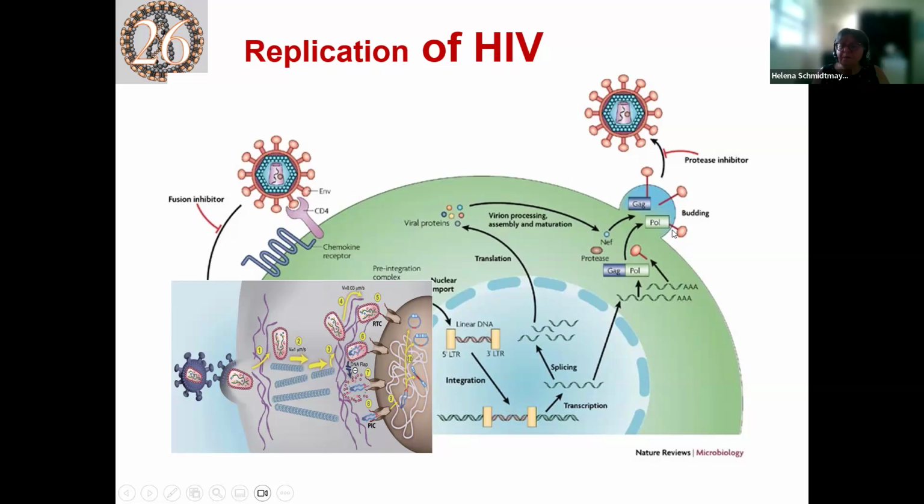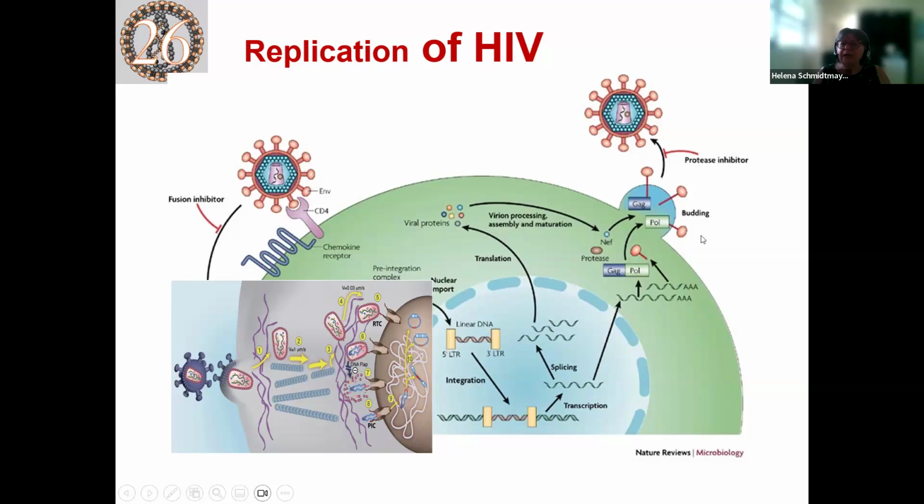And the virus is budding out of the cells, and first it is released as an immature virion. Why is it immature? Because it still contains polyproteins, which are not functional. Only when the virus is released from target cells, the viral proteases are activated, and only afterwards they cleave those polyproteins into the final functional proteins.